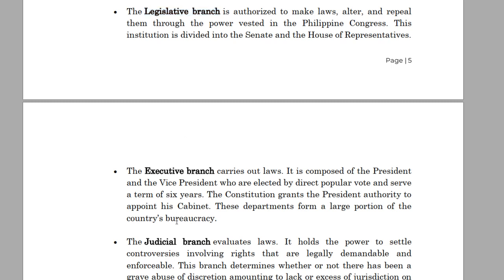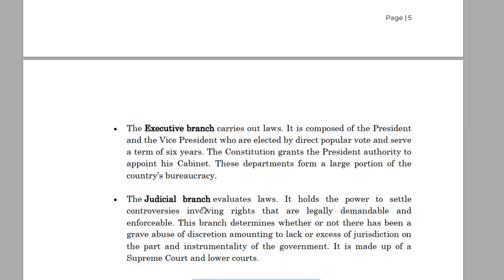So the judicial checks the actions of the executive and the legislative. The executive branch could also check the formulation of the laws and policies that is being conducted in the legislative branch and vice versa. So in general, legislative creates law, executive department executes or implements those laws, and the judicial branch evaluates the law.